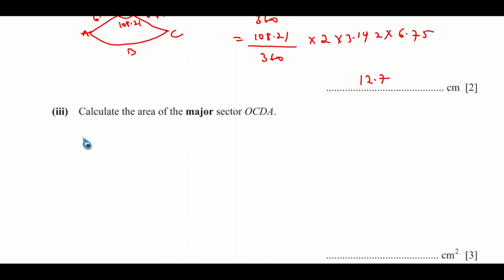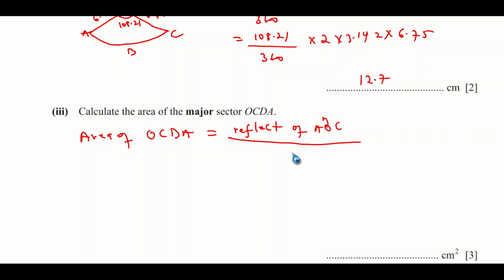The area of OCDA, the major sector, will be equal to the reflex of AOC over 360, times pi r squared.